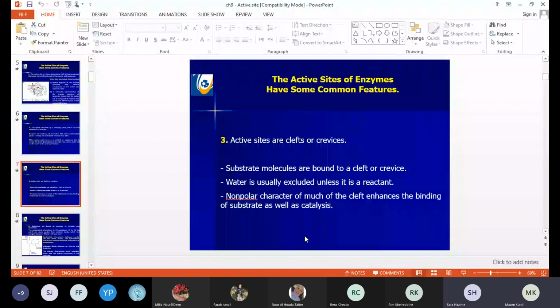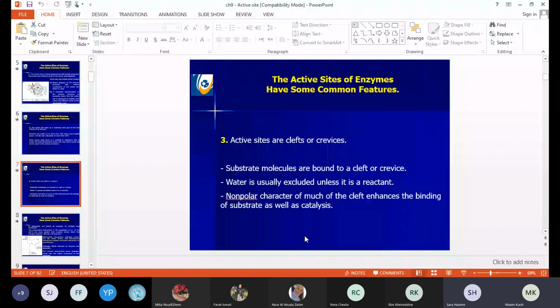So active sites are clefts, and substrate molecules are bound to a cleft. Once you have this binding, the water present in this area will be excluded, unless water is a substrate, a reactant. And then you have the non-polar character of much of the cleft that will enhance the binding of the substrate as well as the mechanism of catalysis.